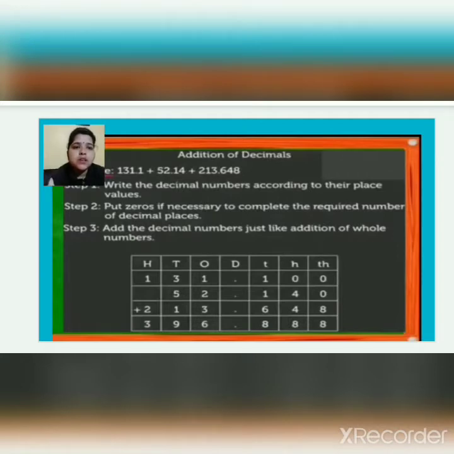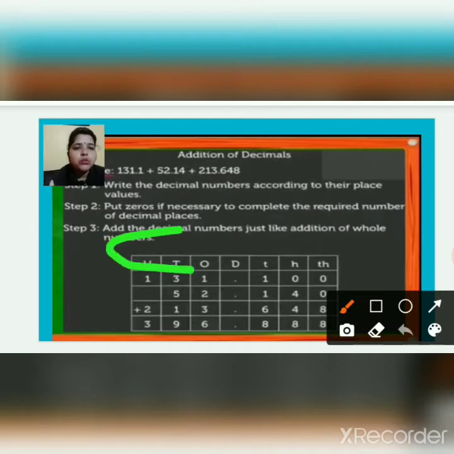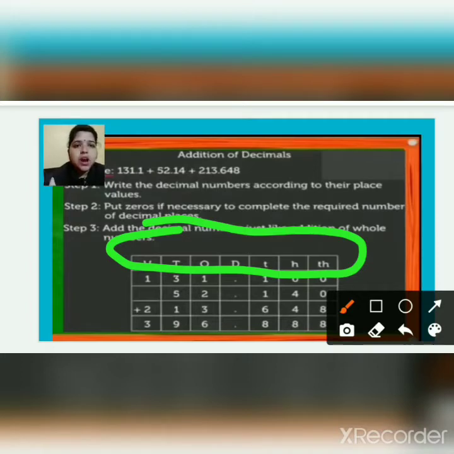The decimal point will come below, and then tenths, hundredths and thousandths. The representation is already given to you. This way you have to write: ones, tens, hundreds, the decimal point will come there, and then tenths, hundredths and thousandths.